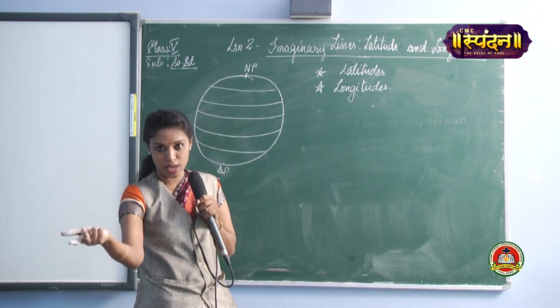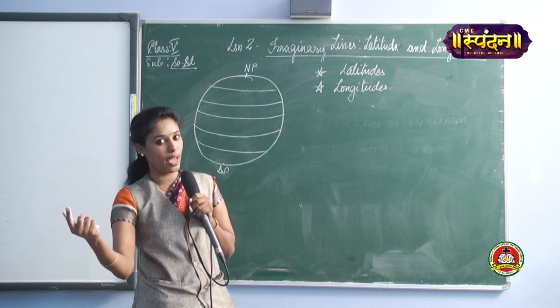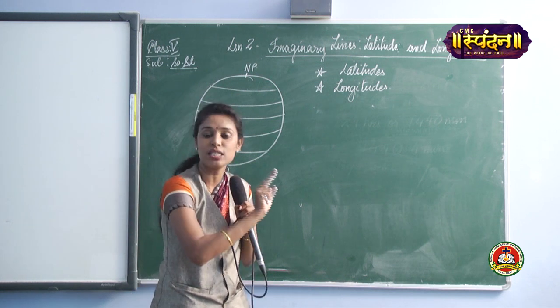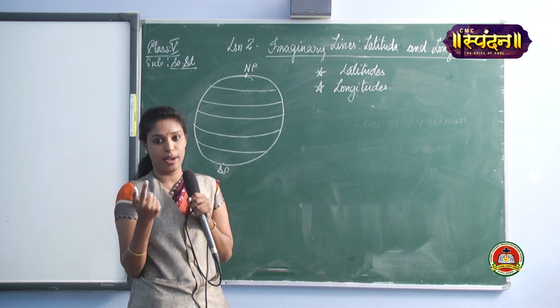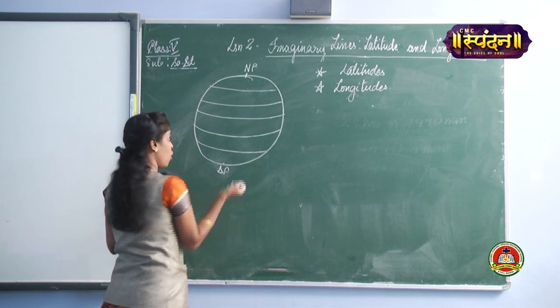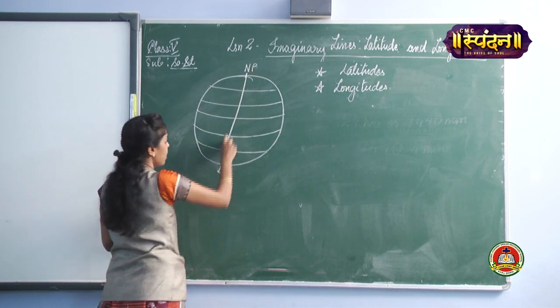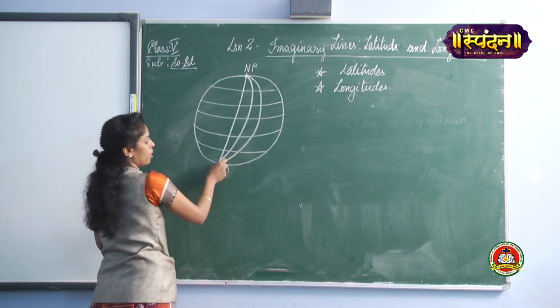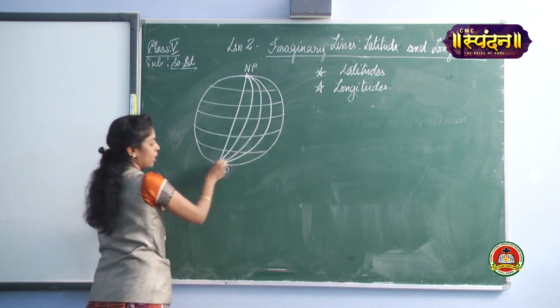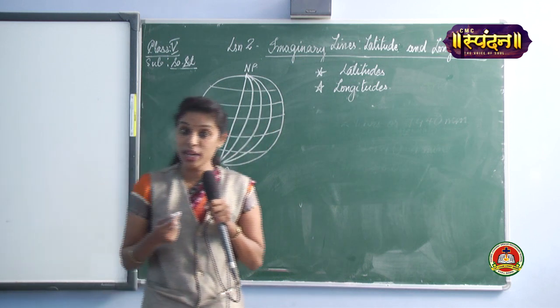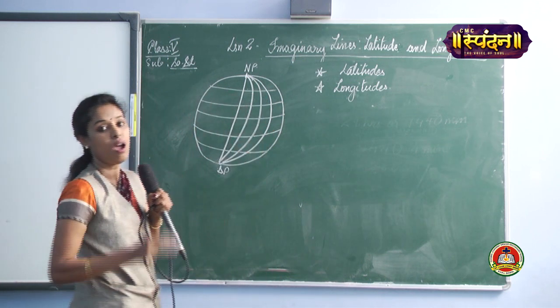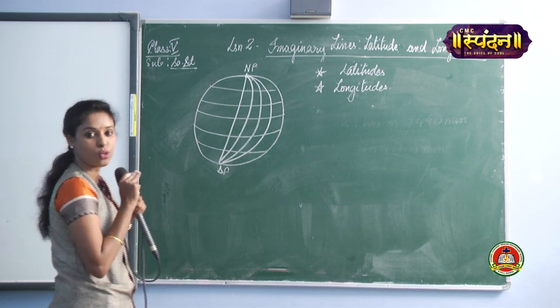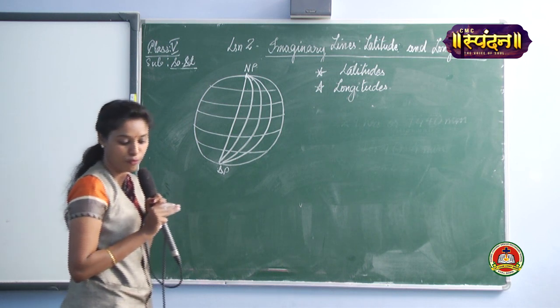If you move towards the east, you add 1 day, and if you move towards the west, you lose 1 day. And each longitude takes 4 minutes to come in front of the sun. So this is also clear to each one of you.